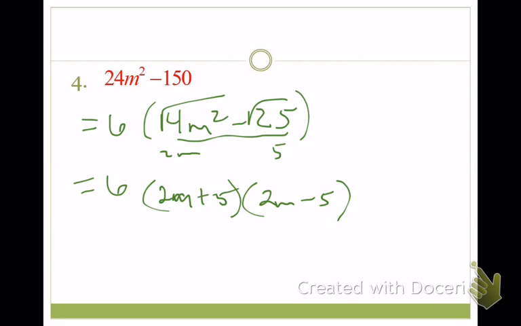Okay, that's it. It's pretty sloppy, but that's it. Fix it here. Okay? So we still need to be in the habit of looking for a greatest common factor first.